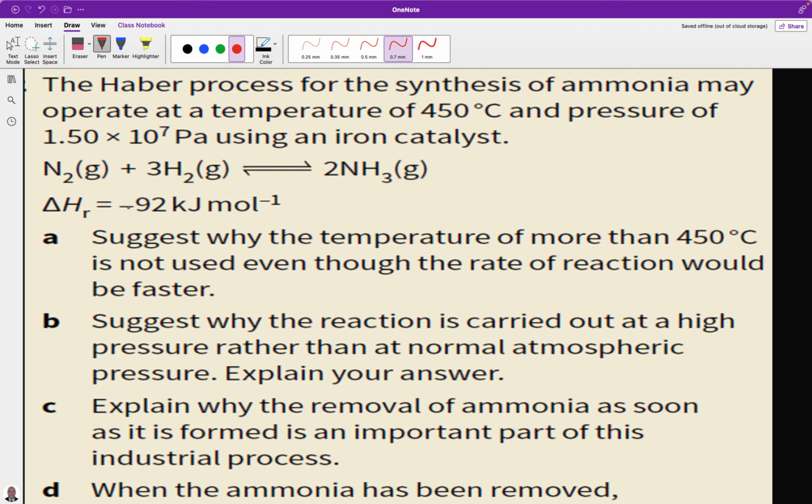At high pressure, more of the nitrogen and the hydrogen will combine in the formation of ammonia. High pressure favors the production of more ammonia. So equilibrium is from left to right.